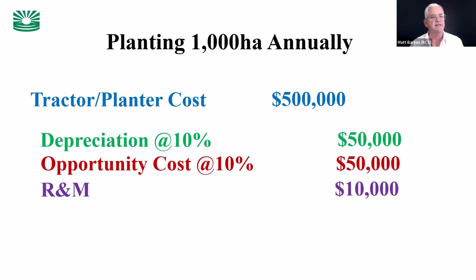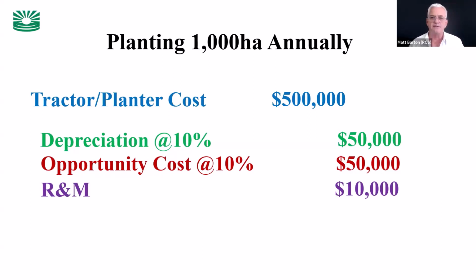R&M, say $10,000. So that's fixing up an old machine, putting oil and grease into it. No diesel. I'm not counting diesel here because I want to compare it to a contractor, and a contractor will usually come in dry, and we have to supply diesel for them.